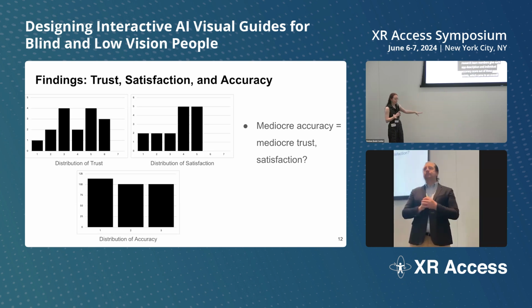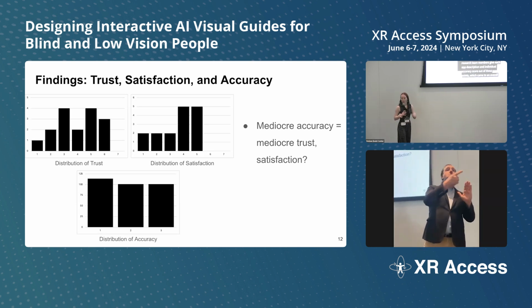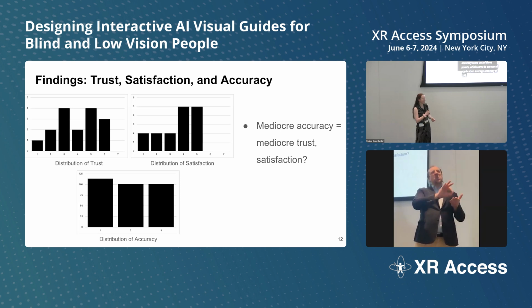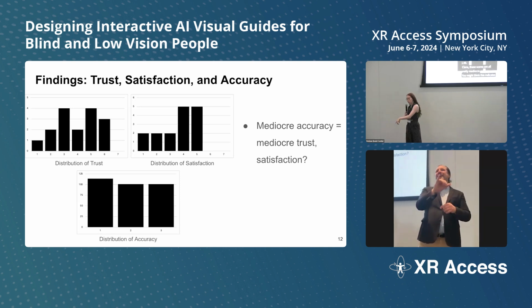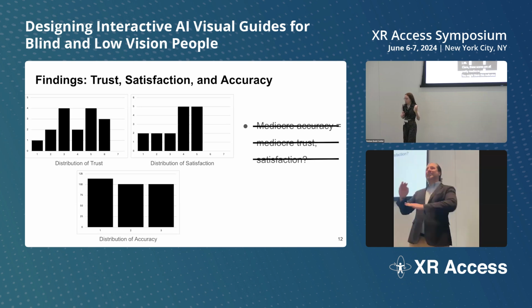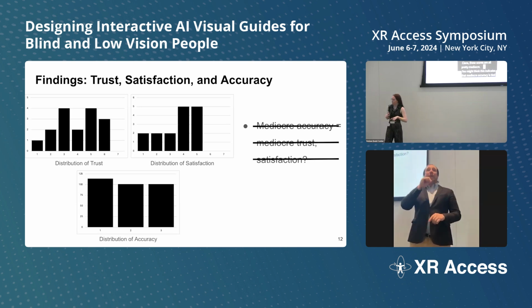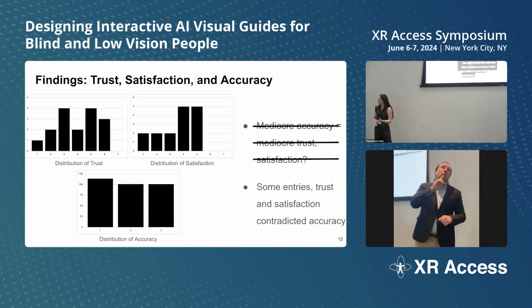Now, at a quick glance, these scores are all pretty mediocre. So you might think that this indicates that mediocre accuracy is tied to mediocre trust and satisfaction. But we didn't actually find that to necessarily be the case all the time.